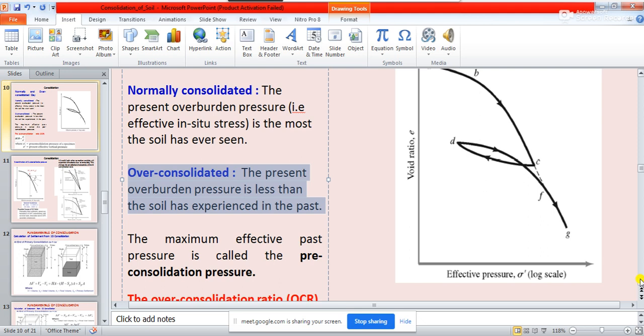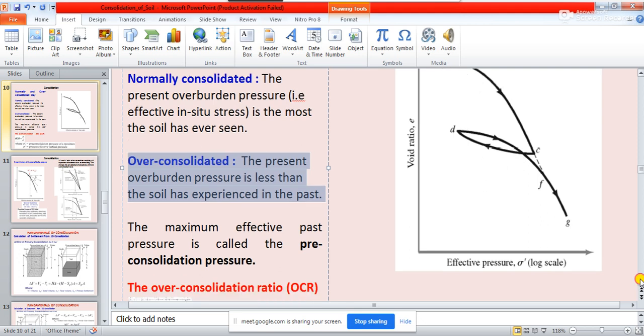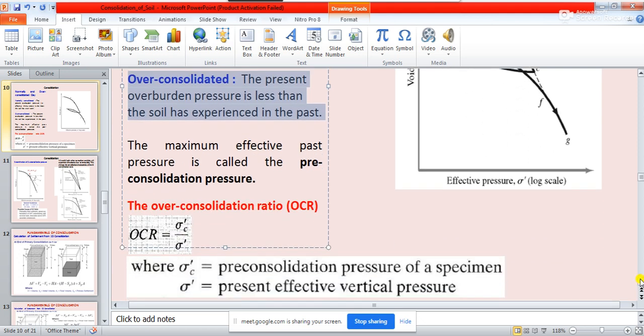Now because of the removal of the hill, the soil will come to a state where the overburden pressure is less than this pre-consolidation pressure, and this is defined through the over consolidation ratio. That means the soil was under a pressure of 100 kilonewton per meter square, that is the pre-consolidation pressure. After removal of the hill it is reduced to 80 kilonewton per meter square.